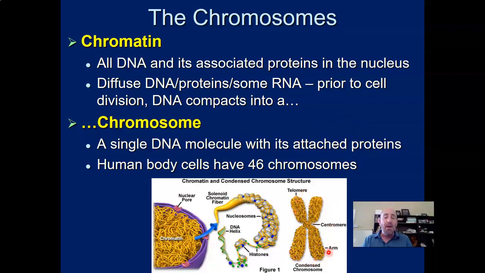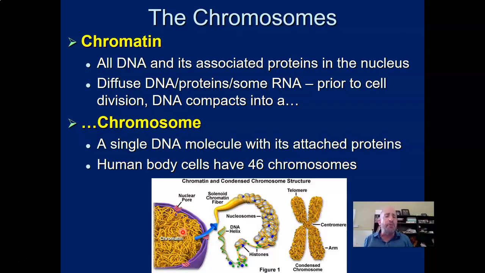Most of the time, your DNA is not in this form that we call a chromosome. Most of the time, your DNA is in this more diffuse, more spread out form of DNA called chromatin. And chromatin is defined as all the DNA and their associated proteins in the nucleus. So most of the time, your DNA is in this form, chromatin.